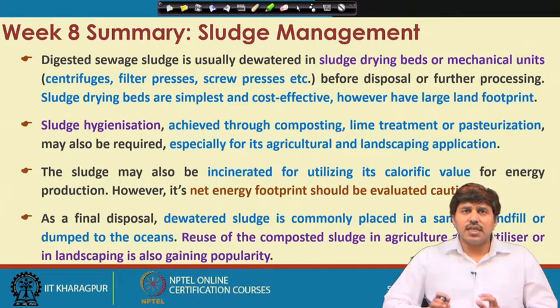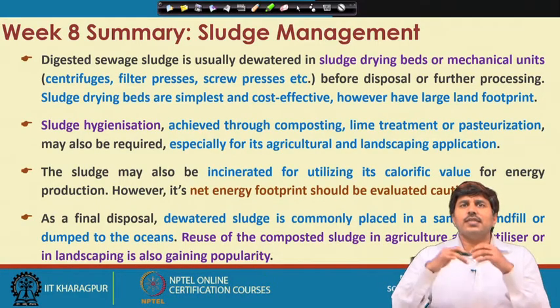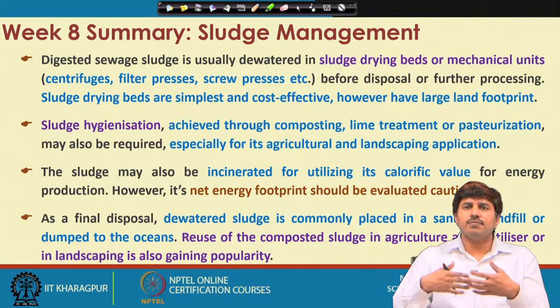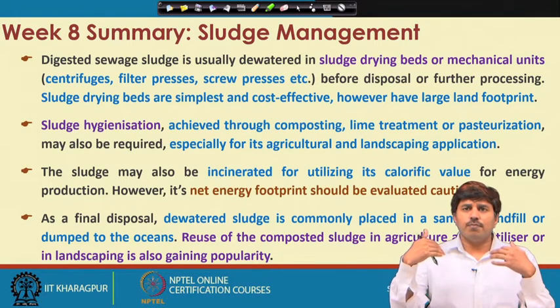Then this digested sludge is usually dewatered in sludge drying beds or mechanical units. So, centrifuge, filter press, and screw presses are used for sludge dewatering, but the most popular or most common is the sludge drying bed, which is also the simplest. Here the sludge is laid on a drying bed, and we have under-drainage systems.